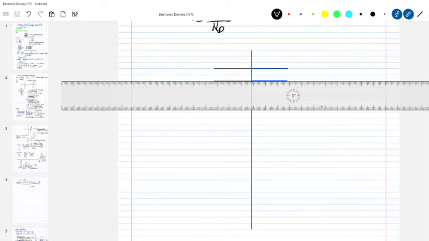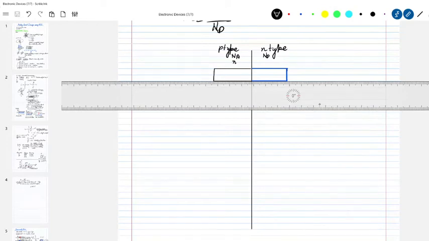Now I can take the liberty of joining these like this because I cannot make it very straight. So this side is going to be p-type and this side is going to be n-type. So here we are going to have Na and Nd.